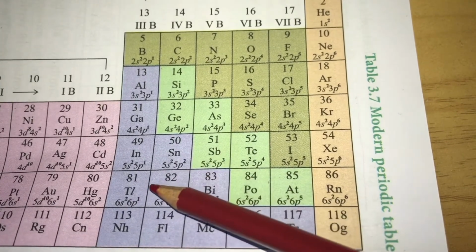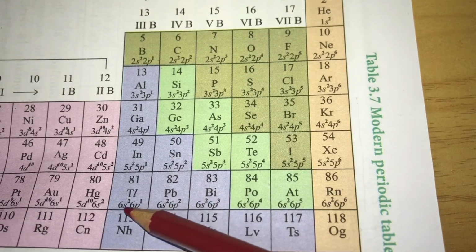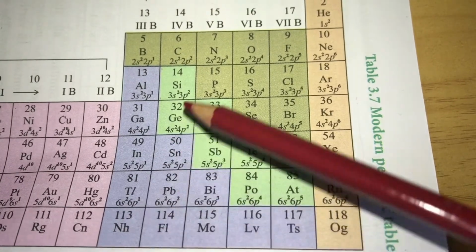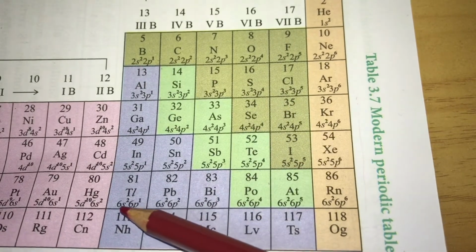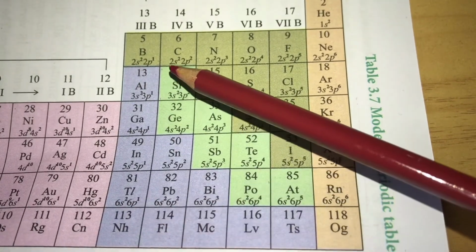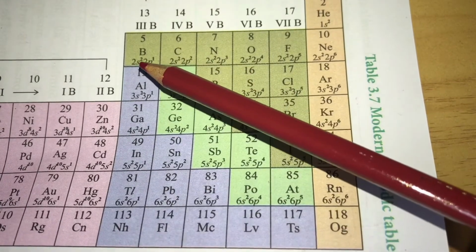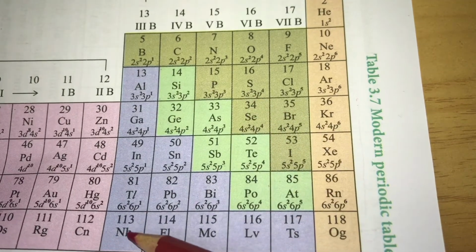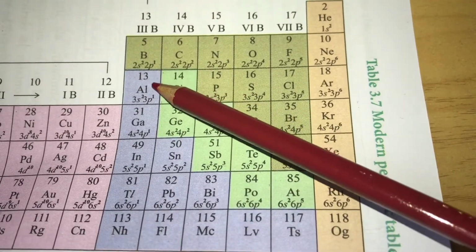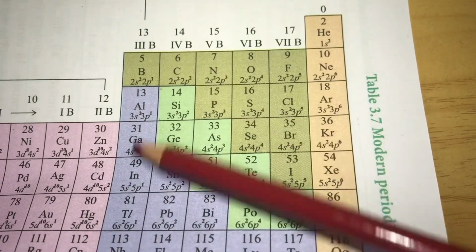Thallium, atomic number 81, ends with 6s2 6p1. So all elements in the boron group contain 2 electrons in the s orbital and 1 electron in the p orbital. The general electronic configuration of the boron group is ns2 np1.